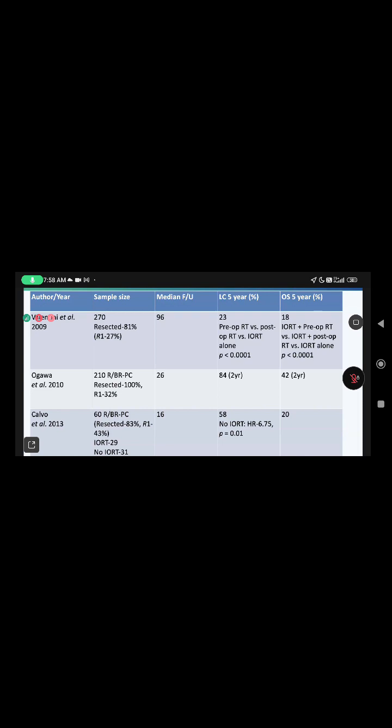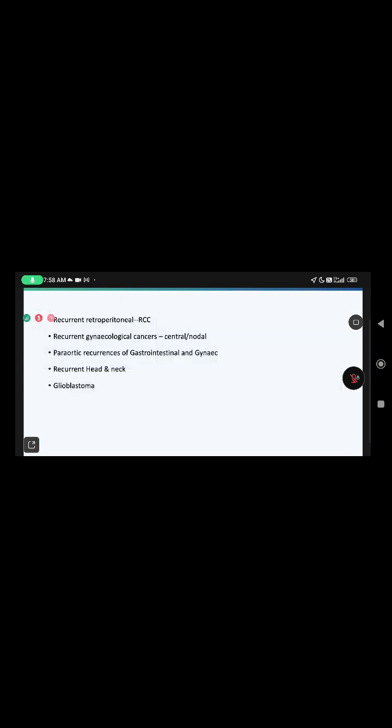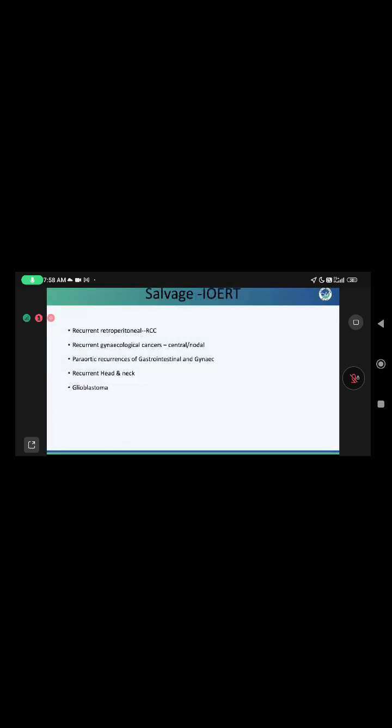And in pancreas, they have also used IOERT in the palliative setting, because we know uncontrollable or severe backache is one of the problems faced by many of these locally advanced diseases, which cannot be controlled by any form of medication. They have such severe backache in pancreatic cancers.